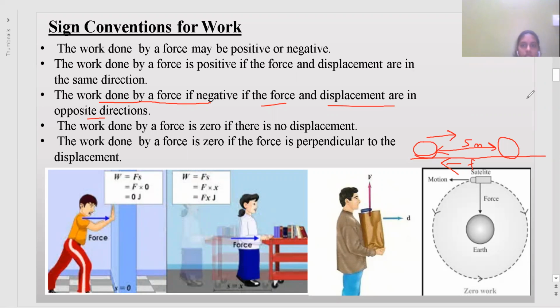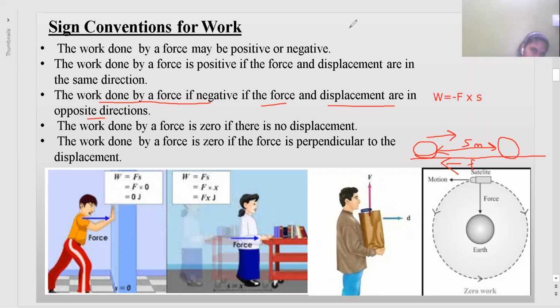Okay. So in such a case, if it is asked what is the work done by a frictional force, then you will write W equals minus F into S. Why minus? To show that the force is in the opposite direction.